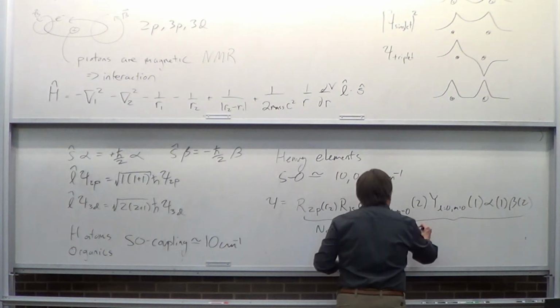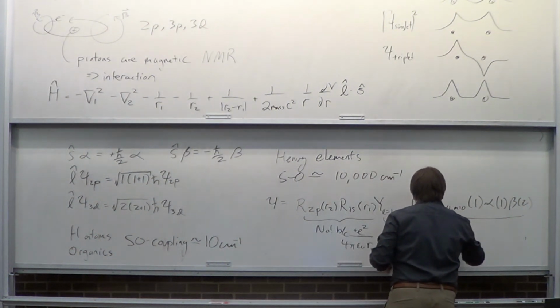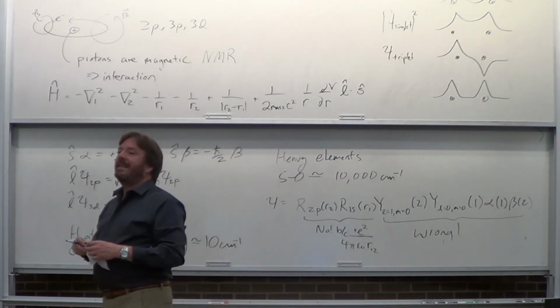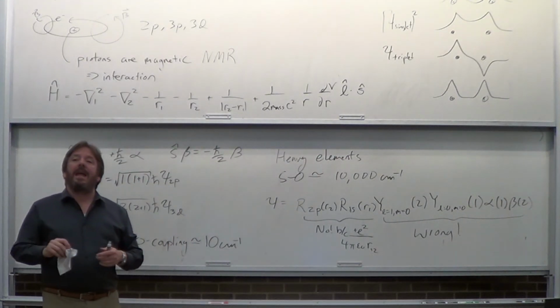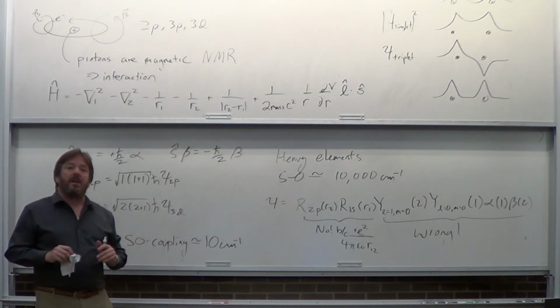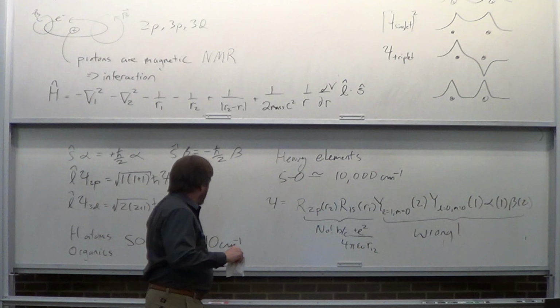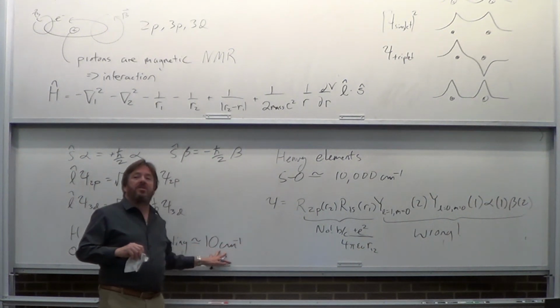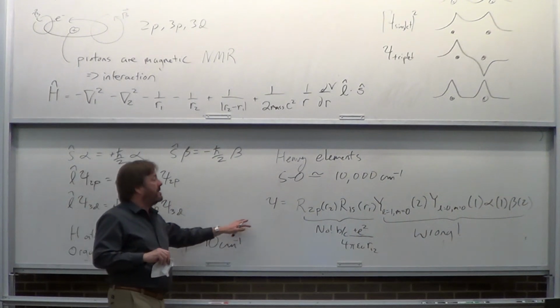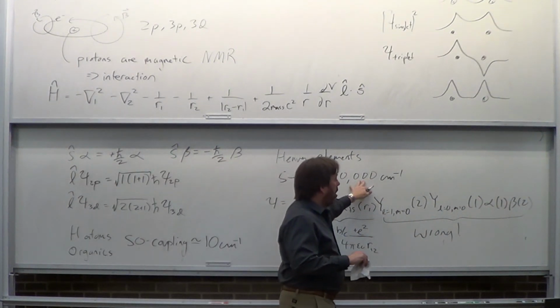Not separable. Wrong. You cannot cleanly separate the angular and spin parts of a wave function because of spin orbit coupling. Now normally in organics and hydrogen, it's so small you can just erase it and not worry about it. That's why I didn't show it to you before. But when it comes to heavy elements, that's no longer true.